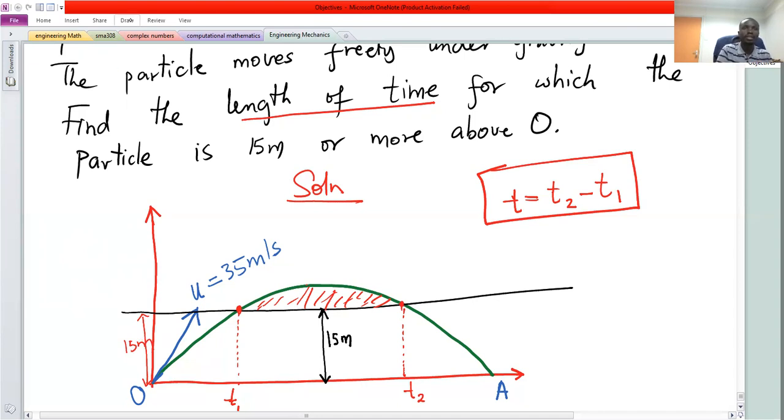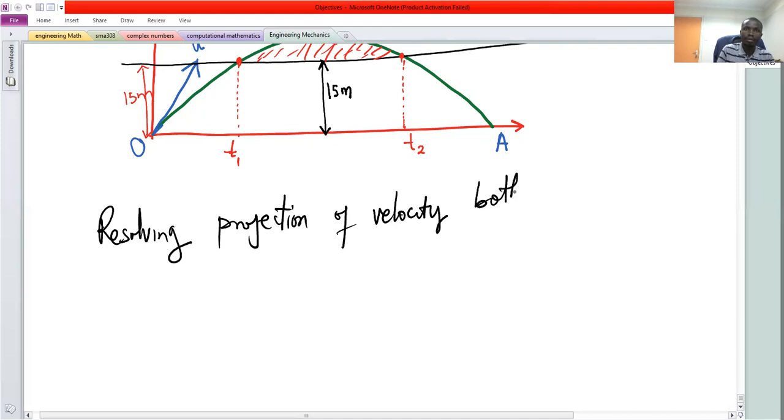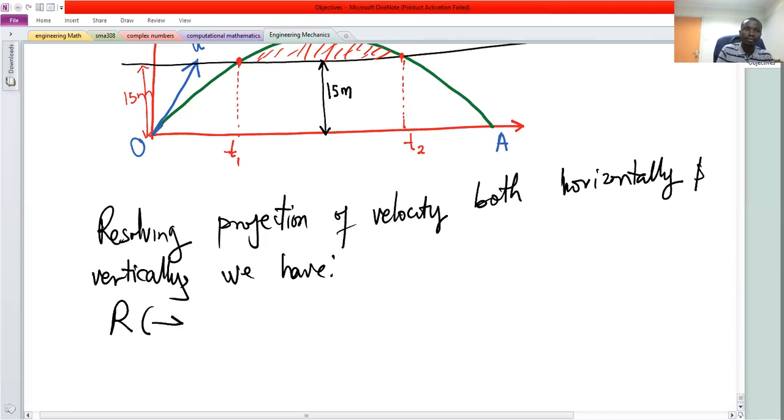So resolving the projection of velocity both horizontally and vertically, we have the horizontal component, as usual, given by ux equals u cos alpha, and remember this angle here is alpha, which in this case is 30.